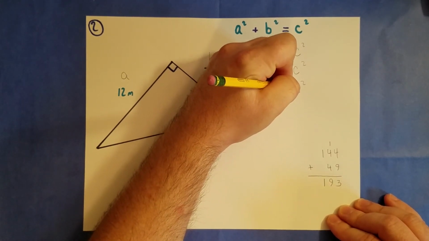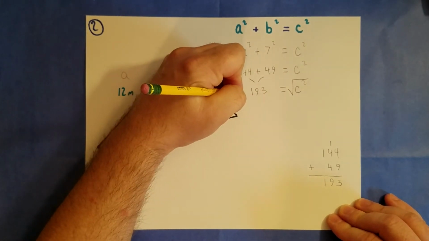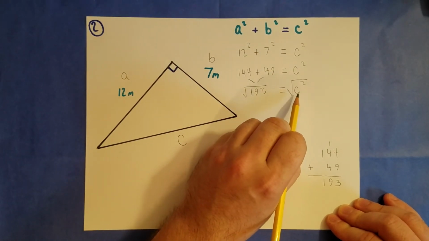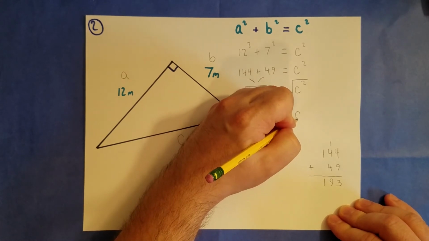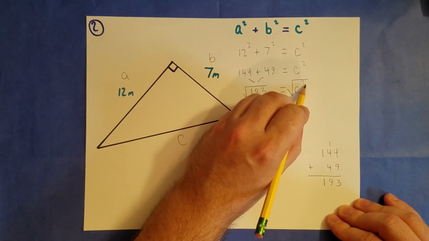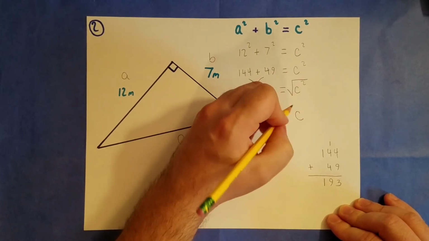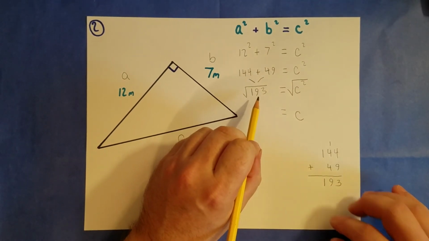I want to find the square root of 193. So I already know the square root of c squared is going to be c. I'm undoing that squared with the inverse operation, which is finding its square root. So c equals, well, what is the square root of 193?